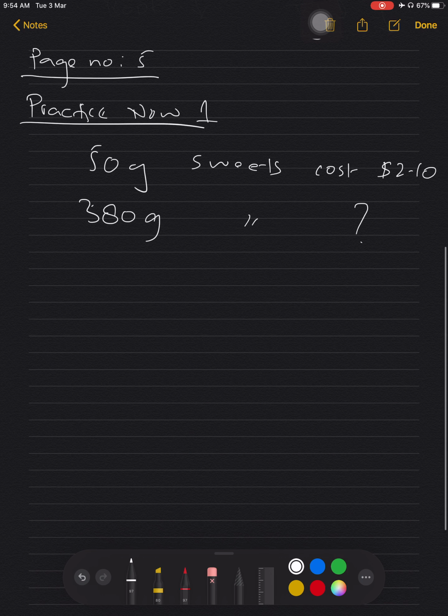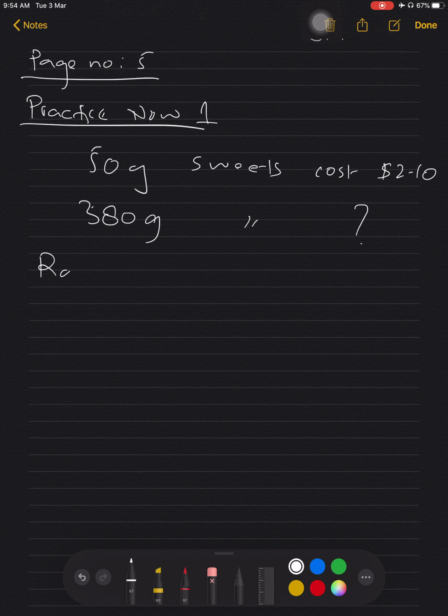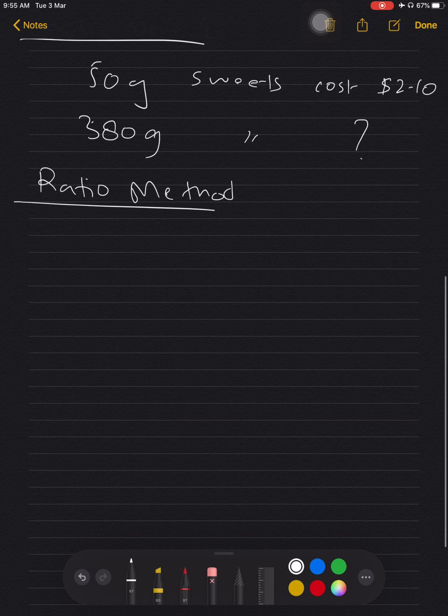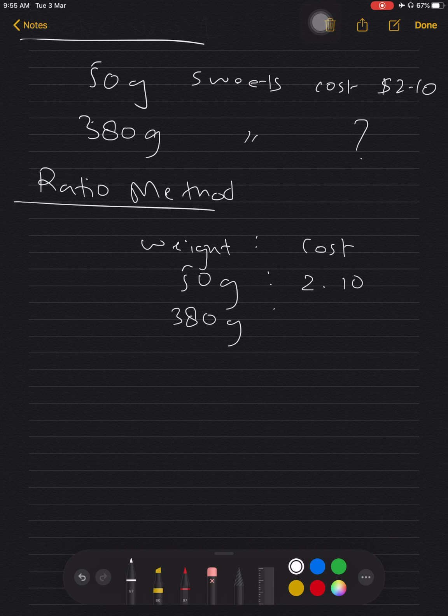ठीक है, if you remember, we did the ratio method in book 1 chapter number 9. So there are two things, the weight of the sweets and the cost. The weight of 50 gram costs 2.1, and you have to find out the cost of 380 grams.